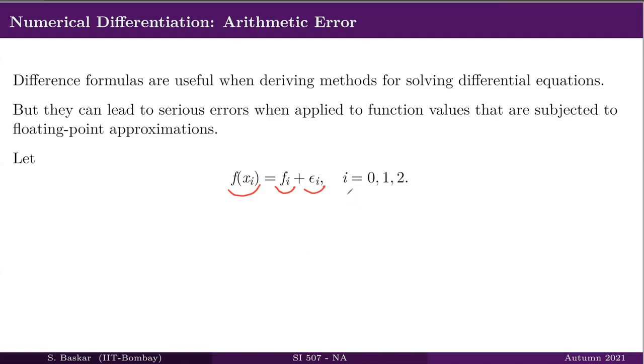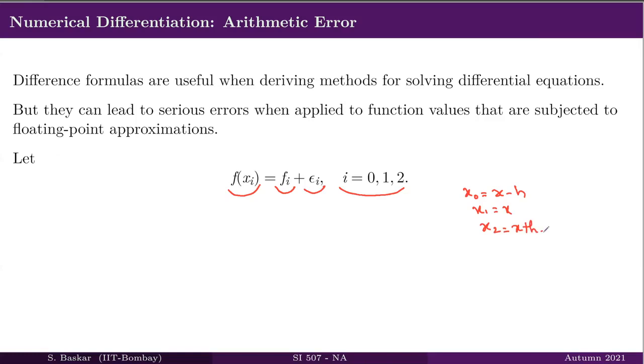Since I'm going to derive the arithmetic error as an illustration for the central difference formula with 3 nodes, I have taken i equal to 0, 1, and 2, where x0 is x minus h, x1 is x, and x2 is x plus h.